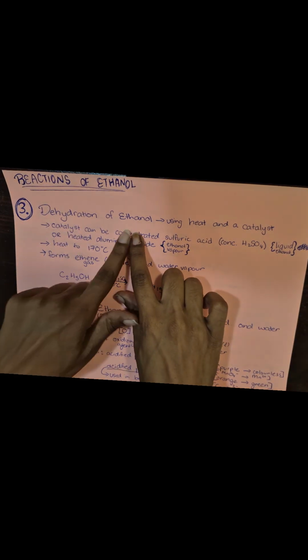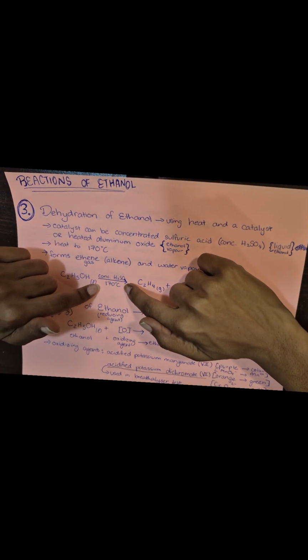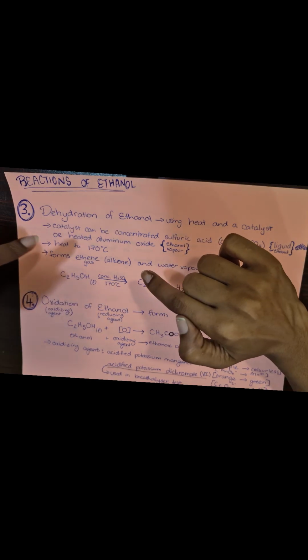Then if we dehydrate ethanol, we have to use concentrated sulfuric acid and 170 degrees Celsius, and we dehydrate it, we get the water, and our other product is an alkene, in this case ethene, because it's ethanol, they match. Oxidation of ethanol, that's when we're using an oxidizing agent like acidified potassium dichromate in the breathalyzer test that goes from orange to green, and we get a carboxylic acid and water.